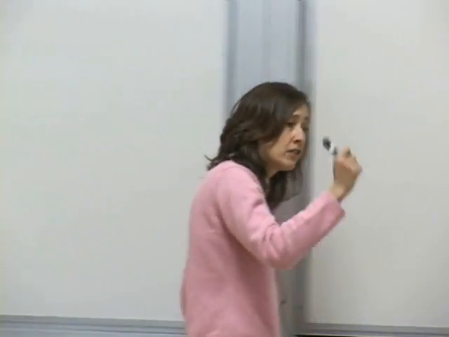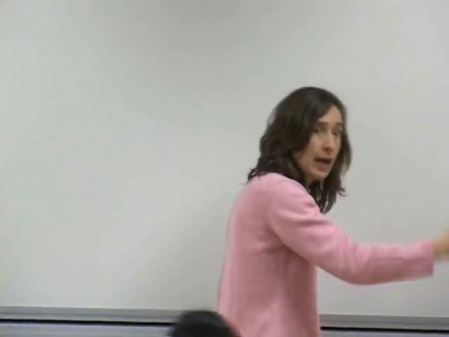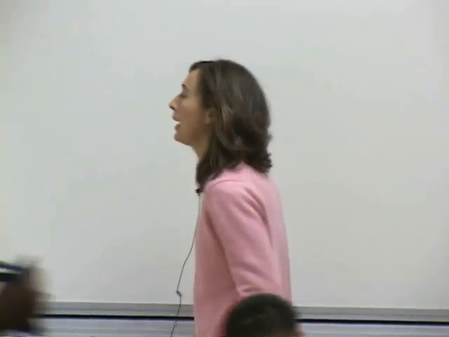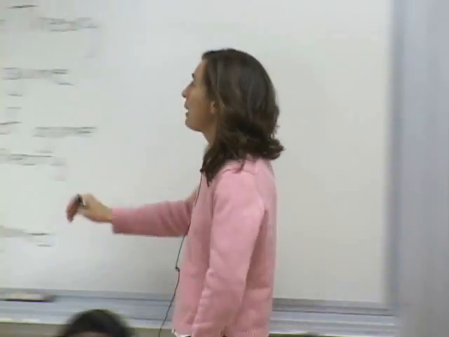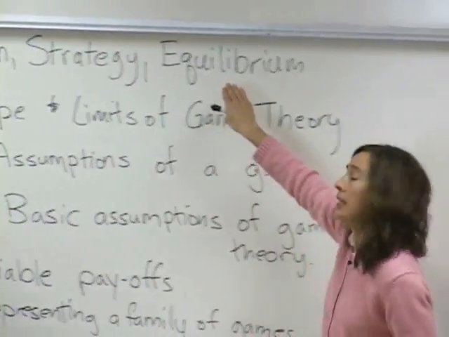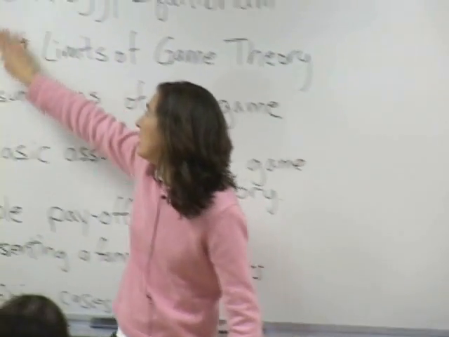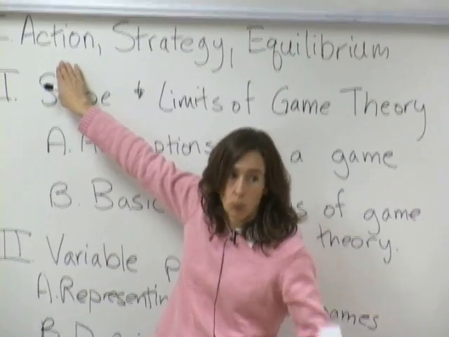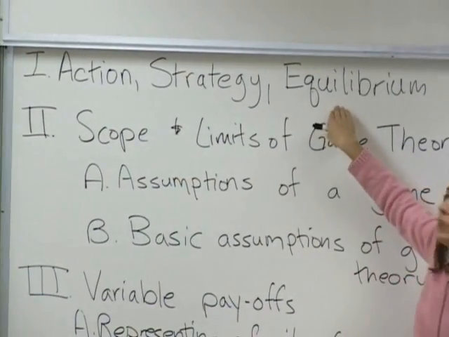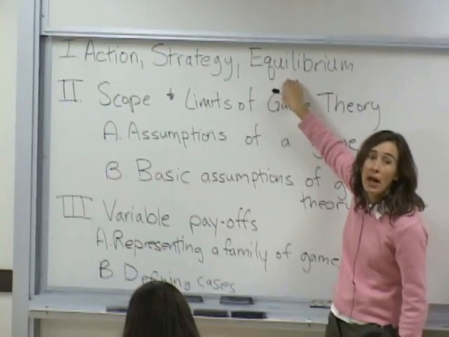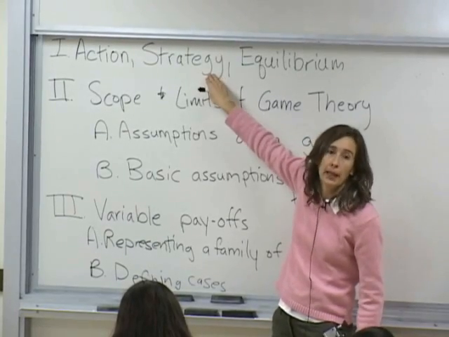It has to tell me what to do at every point that I could possibly find myself in. So strategies are bigger than actions, and an equilibrium is bigger than a strategy. A strategy is a set of actions, one for each node. An equilibrium is a set of strategies, one for each player.